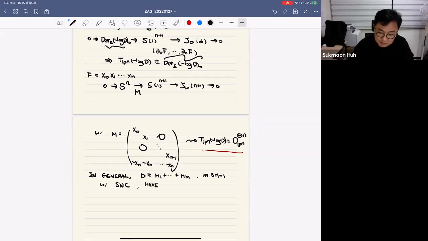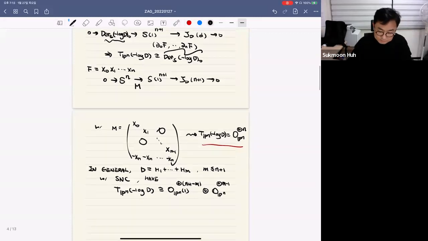Then, similarly as before, we can observe that the logarithmic tangent sheaf or tangent bundle is isomorphic to O(1) to the n plus 1 minus m, plus n minus 1 copies of O. Yes, n minus 1 copies. Okay.